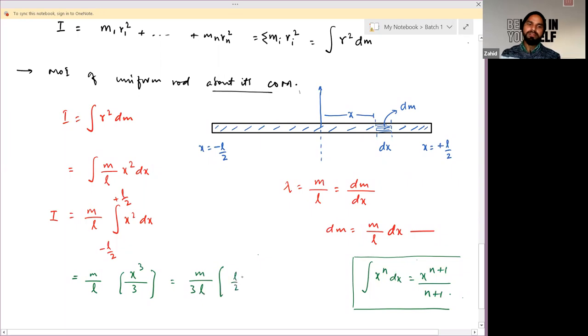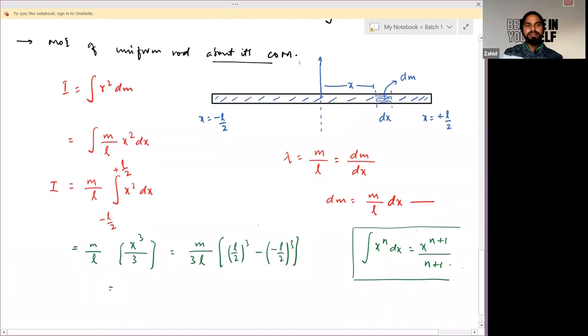Just put the upper limit cube minus the lower limit cube. On simplifying, you will get m by 3 times L, times L cube by 8 minus minus, plus L cube by 8. So L cube by 8 plus L cube by 8 will be 2L cube by 8, which means L cube by 4.